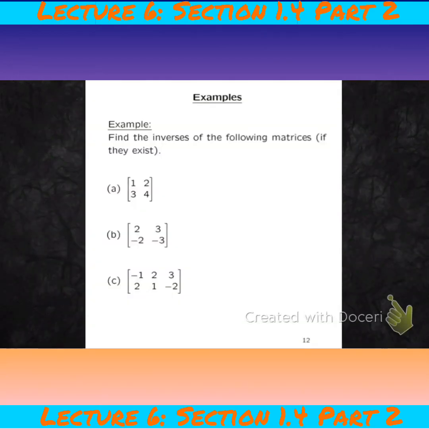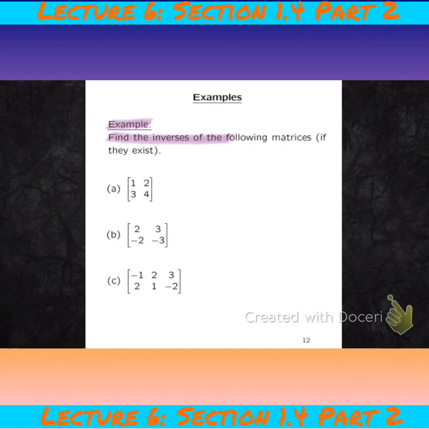Next up is an example, just an application of what we just worked out. We have a few examples where we are asked to apply the result that we previously derived that gives us the inverse of an invertible 2 by 2 matrix.